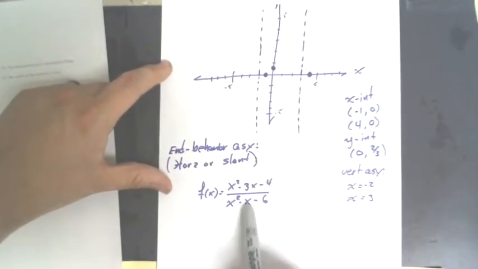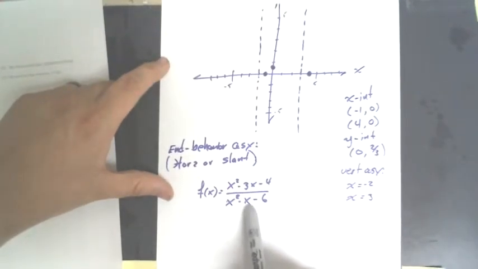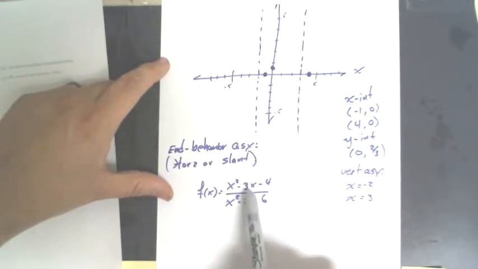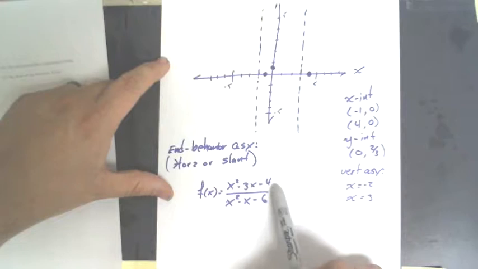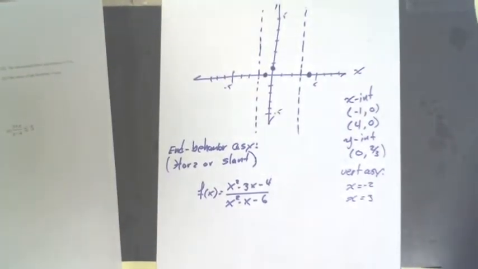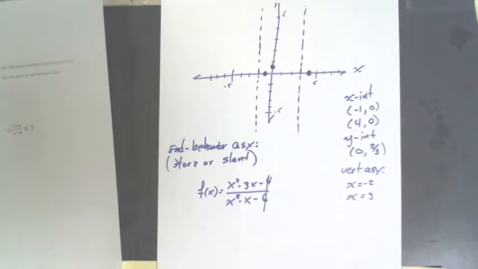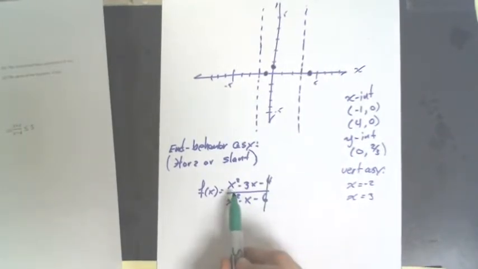Now you can imagine if you put in a value like x equals 1,000, between 1,000 squared and 3,000, the fact that we're subtracting 4 or 6 really stops making all that much of a difference in our number. So when you're trying to figure out what the end behavior is, those numbers really aren't doing anything. 1,000 squared is a million.